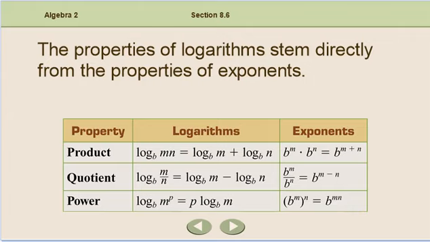So we're going to take two terms and change it to one term. Obviously it's an equality, so these properties work both ways. You can split up things that are multiplied into two logarithms, or two logarithms that are added that have the same base can be combined by multiplication, or in this case division.